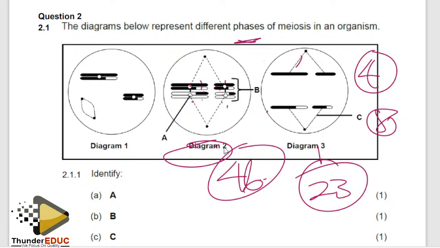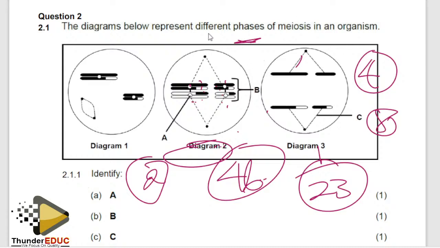How many chromosomes will be found at the end of division of diagram 2? Yes, because this is meiosis 1, and since there are 4, therefore it's going to be 2. Yes, that's the number of chromosomes which will be found at the end of meiosis 1.